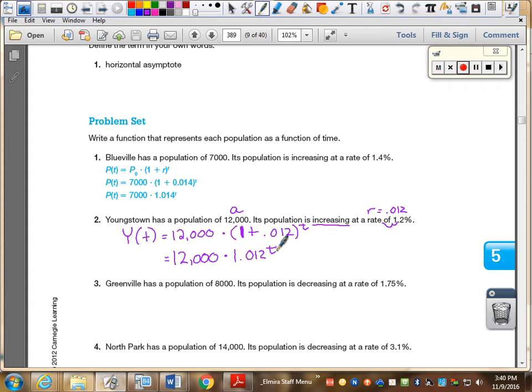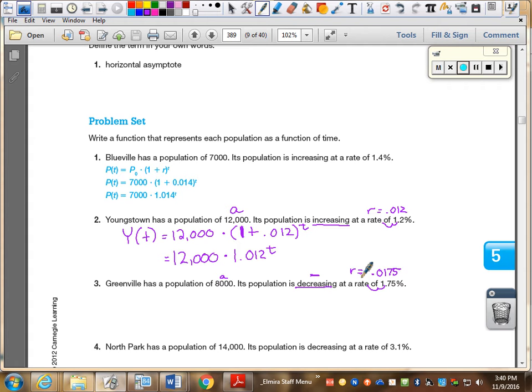Greenville has a population of 8,000. That's my A. Its population is decreasing. So that's going to be a minus 0.0175. Yep, it's kind of a long decimal, but you know what? In real life, it's not nice, pretty numbers. It's often decimals.